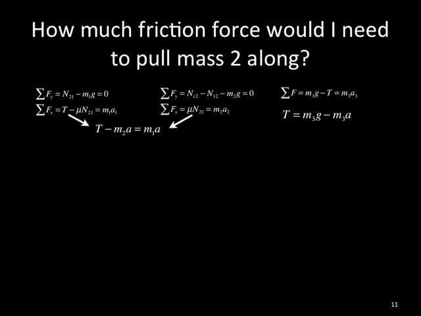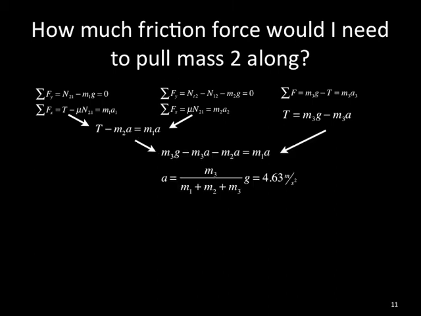So there's only one acceleration in the problem, and I can say a1 is equal to a2 is equal to a3 and just call that a. So with this expression for T, m3g minus m3a, I can plug that into the equation that I just derived by combining the x equations for m1 and m2.